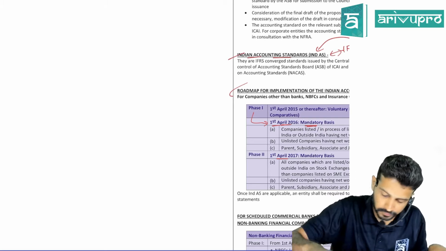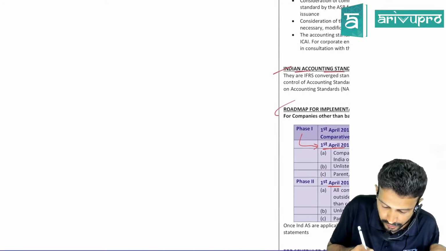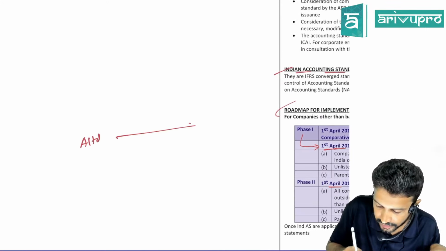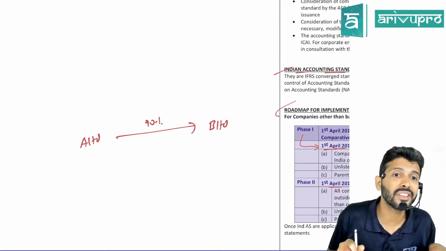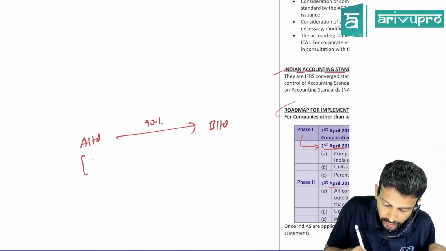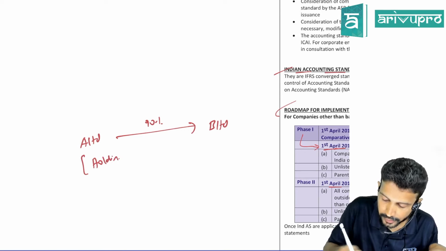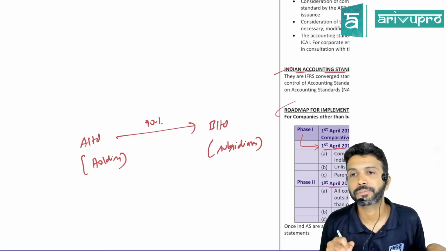Okay. All right. If Ind AS is applicable for your company, I think you must have studied this: A Limited has 90% shares in B Limited. We call A Limited the holding company and B Limited the subsidiary company. Correct?